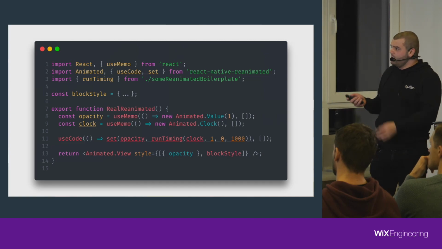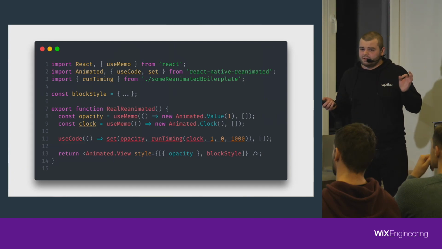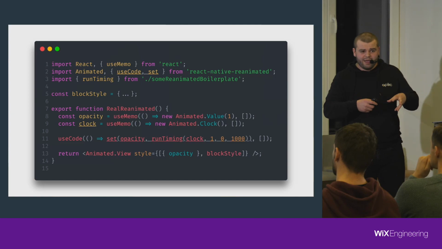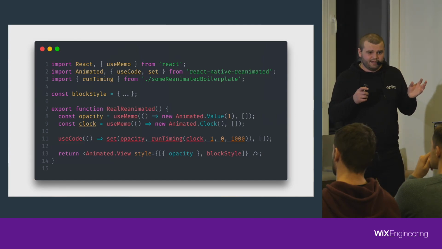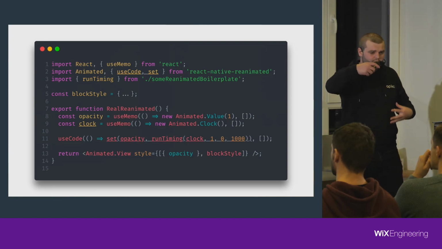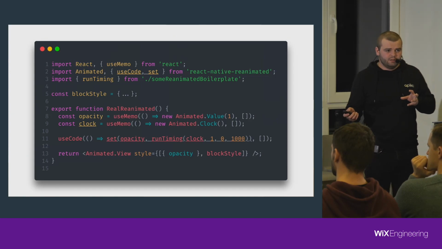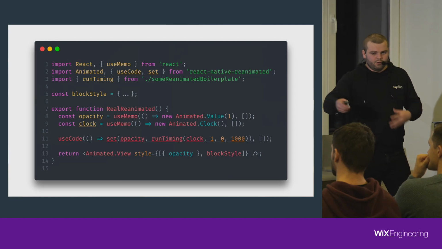It comes with lots of nodes which are just functions, and you can compose them and create some logic. So basically it's something like a DSL, a language. You can express your logic, and it will be transferred to the native side through the bridge and will be executed on the native side.